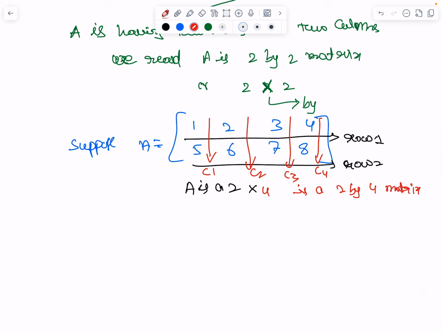So, if you understand what are rows and columns of a given matrix, what is the size of A, or you can say the order of a matrix.